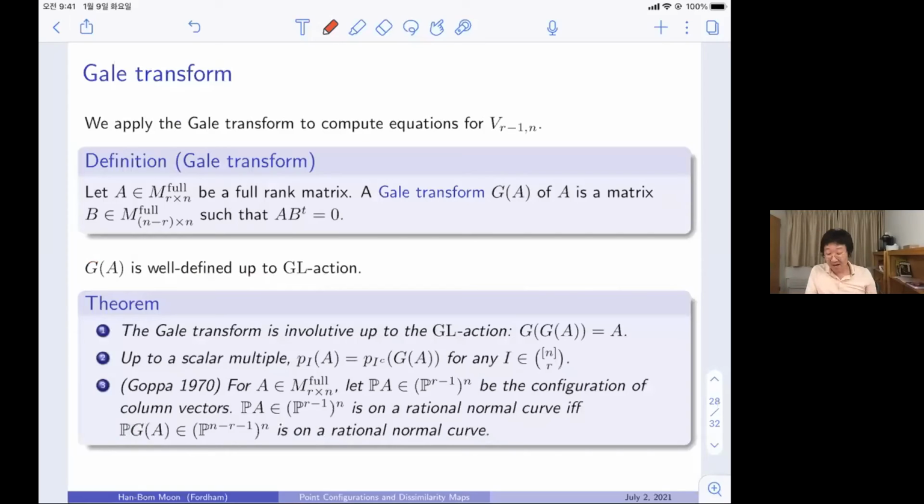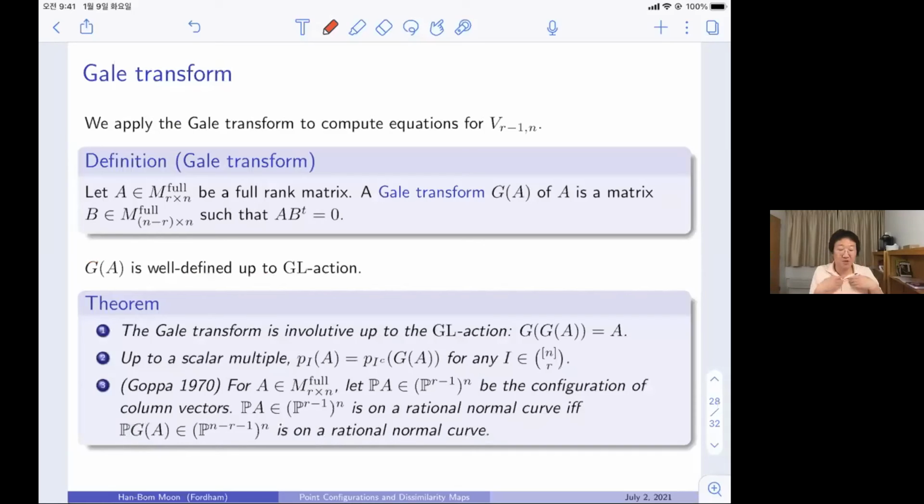Anyway, there are 3 important theorems. First of all, the Gale transform is involutive up to GL_R action. Number 2, up to a scalar multiple, this is very interesting. Let's take a subset I of indexes.